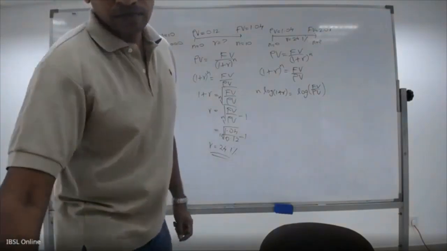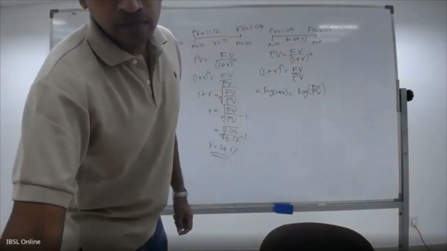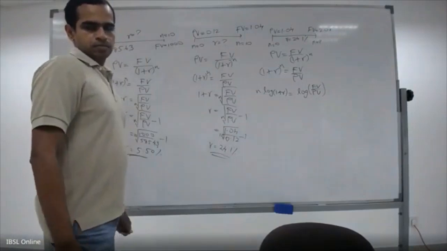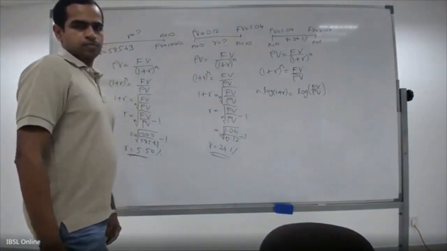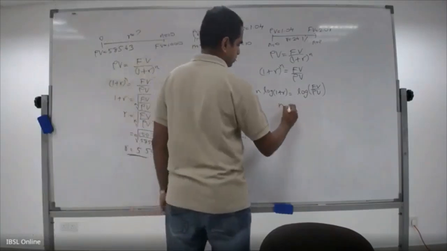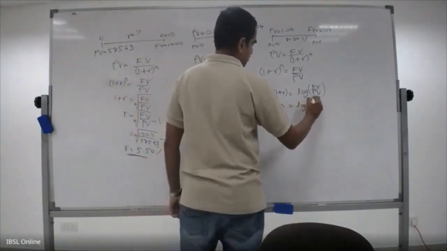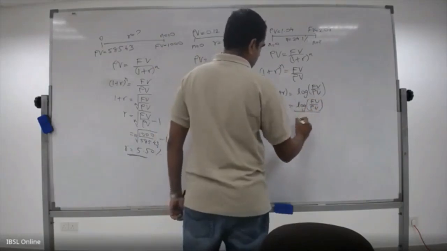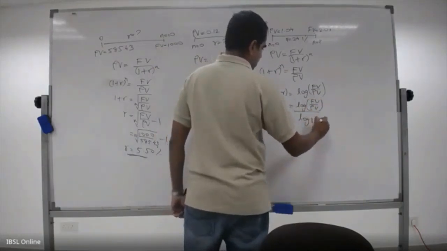So n is the logarithm of future value over present value divided by the logarithm of 1 plus r.